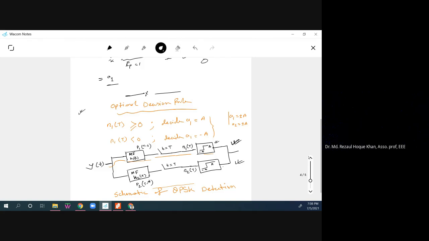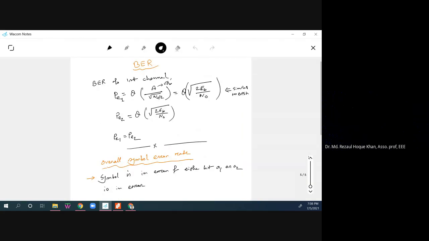If a bit in this channel is in error, then the symbol will be in error. So either one or both in error means the symbol will be in error.